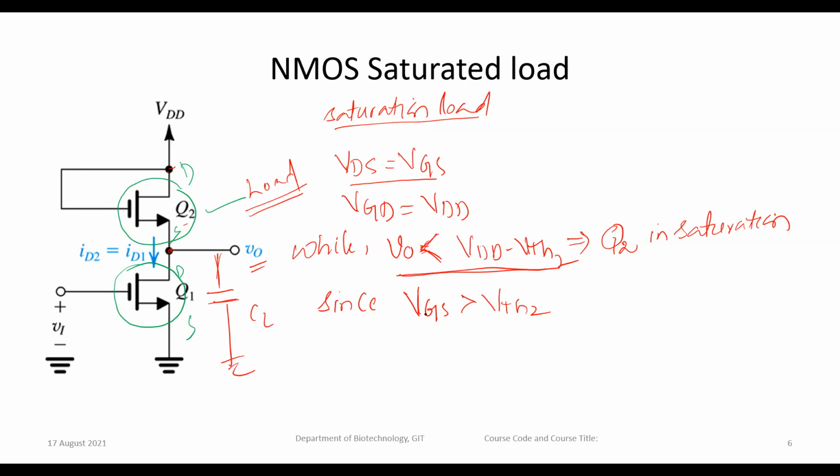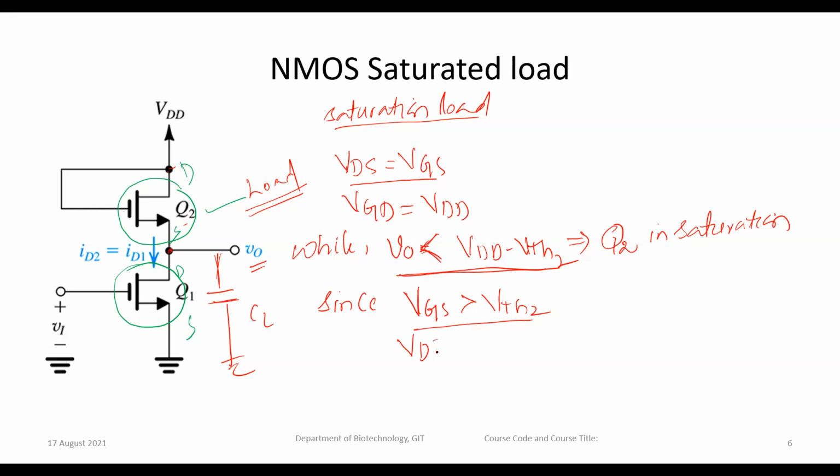So it is more than the threshold voltage. Whenever the input is greater than the threshold voltage, definitely it is in saturation mode. And one more thing, I am talking only about the second transistor, why it is in saturation mode.